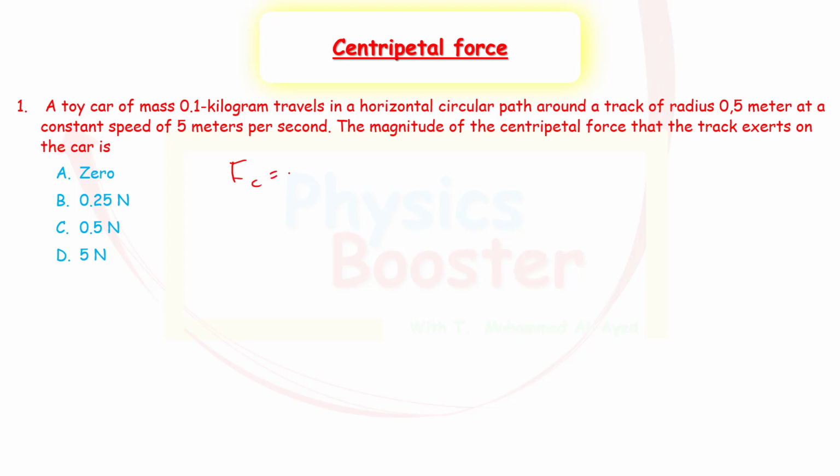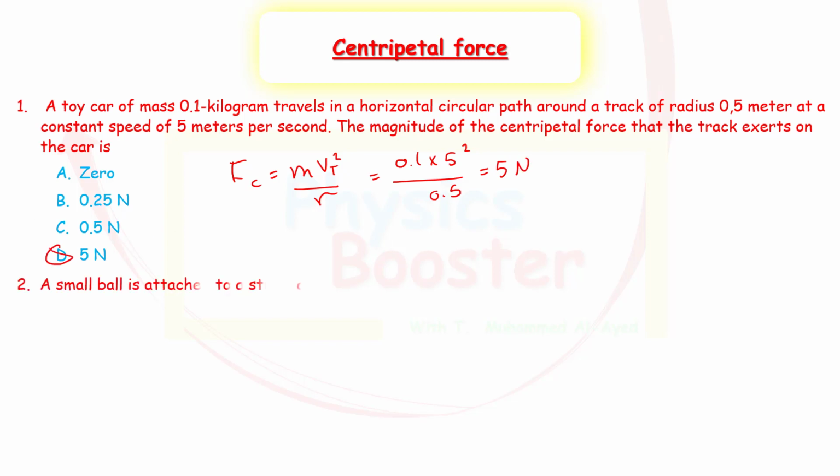It's equal to mv squared, or tangential velocity squared, over the radius r. So we can say that it's equal to the mass 0.1 multiplied by the tangential velocity, which is 5 squared, which is 25, divided by 0.5. So the answer in this case is going to be equal to 5 newtons. Okay, so it's very easy.